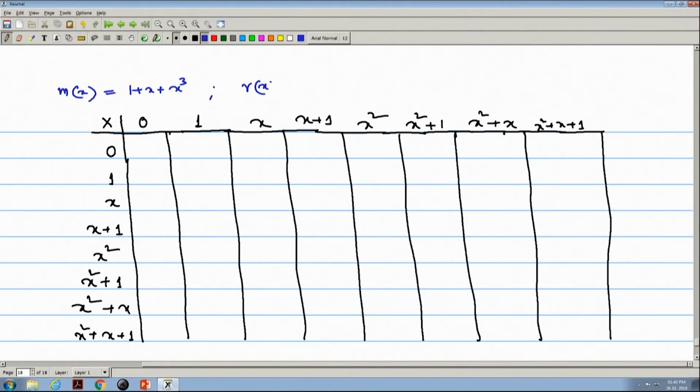So, I have to take Rx, which is fx into gx modulo mx, and here my fx and gx belong to S, where S is the set of all these polynomials.